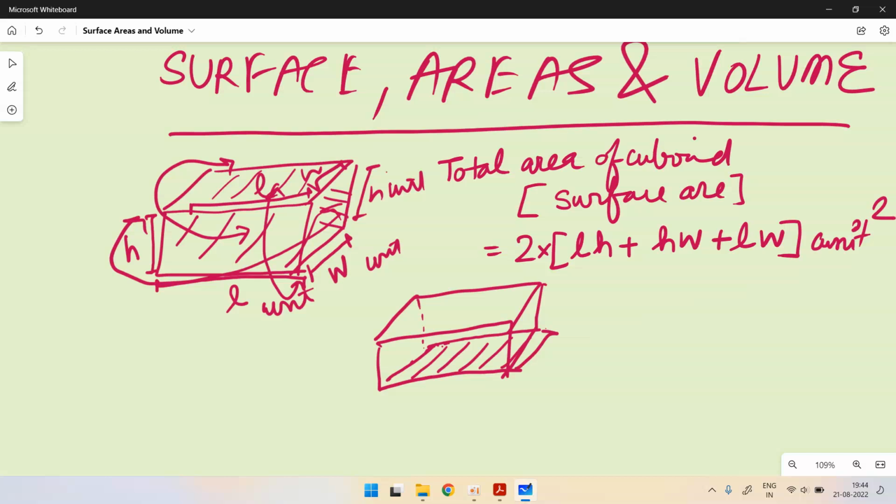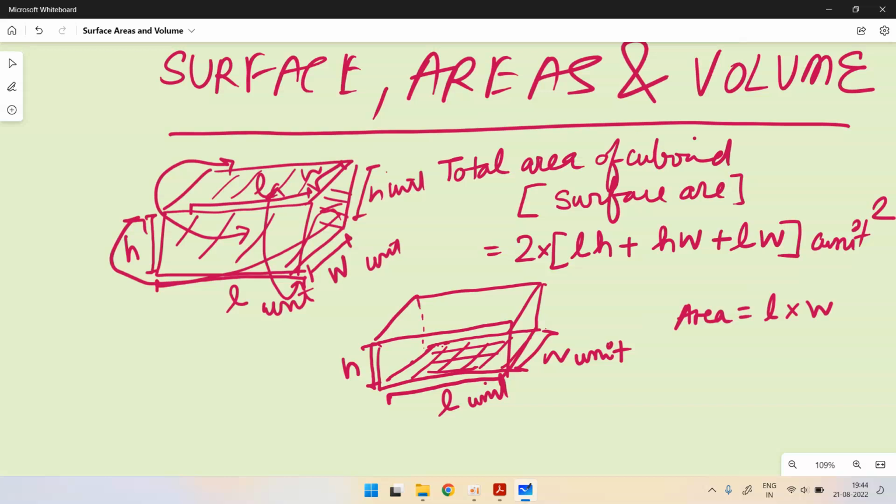This is W, this is L. So the area of this plane will be L into W. This area we want to extend up to length H.